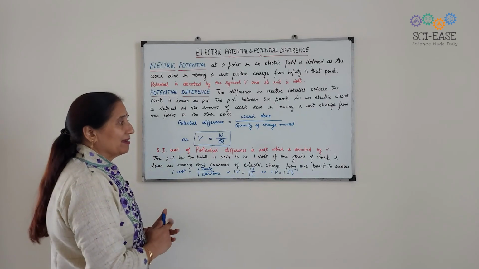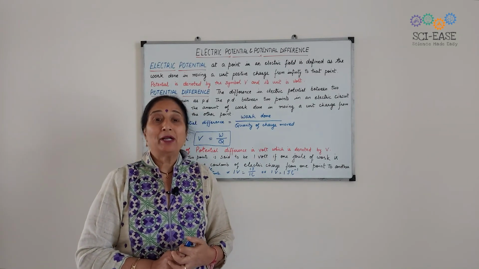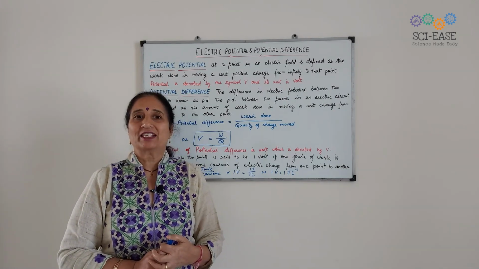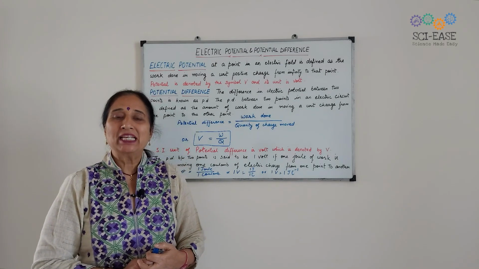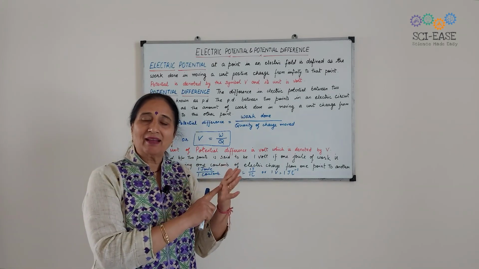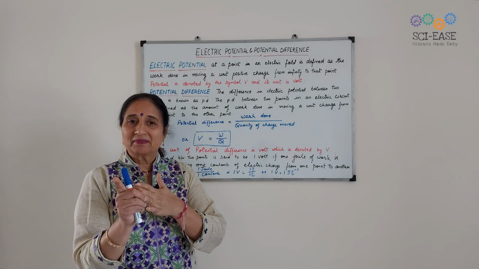One thing I must tell you: the instrument by which the potential difference is measured is the voltmeter. Electric current is measured by an ammeter.